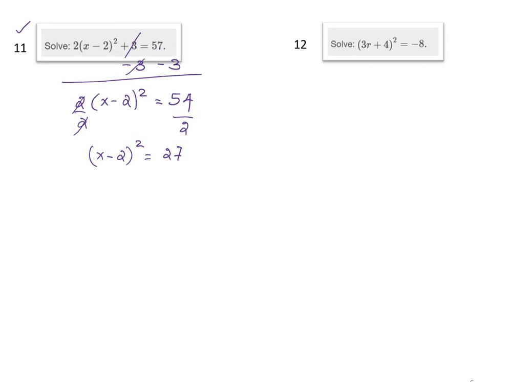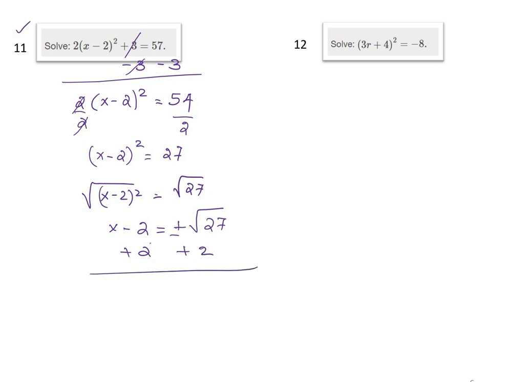Okay, so it is a square. To find the value, we want to take the square root. So square root of x minus 2 the whole square is equal to square root of 27. Right? So x minus 2 is equal to plus or minus square root of 27. Right? So we can add 2 on both sides. It will cancel out, and you will get x is equal to 2 plus or minus square root of 27.